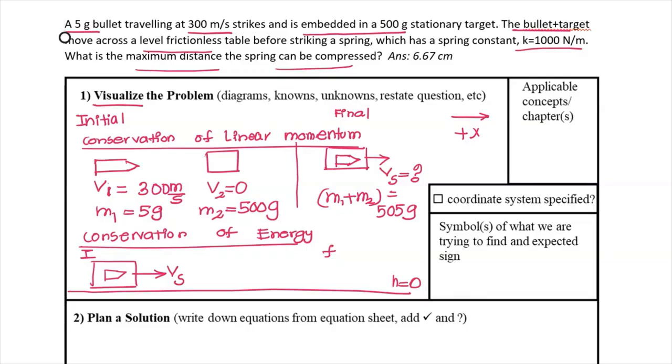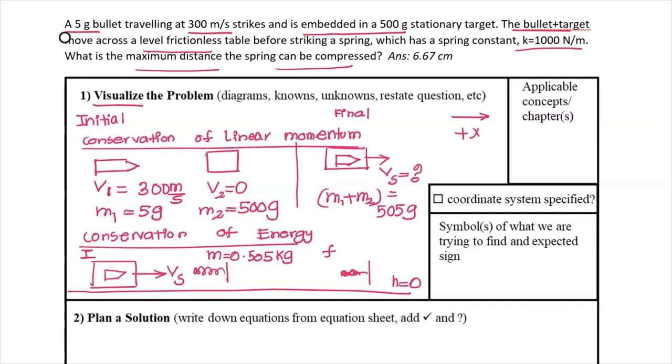So this is the initial situation when the bullet is embedded into the block. They have a common speed, and we can calculate it from the previous step. The spring is neither stretched nor compressed initially.